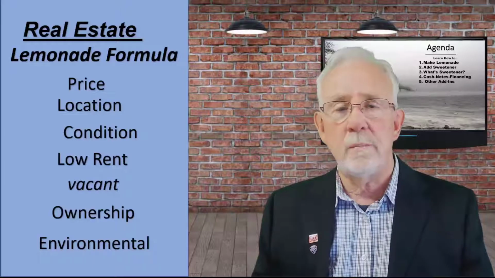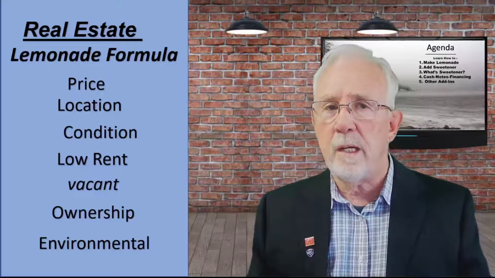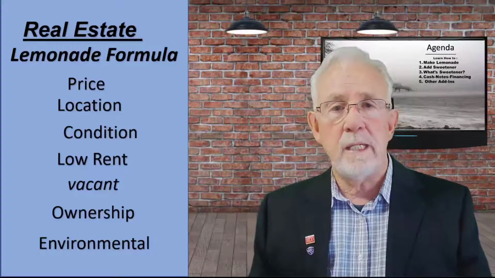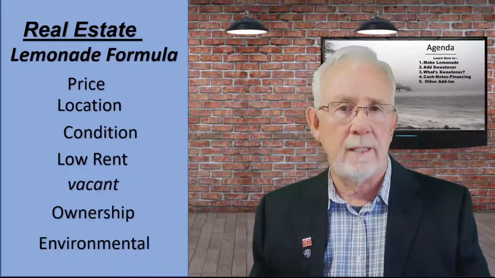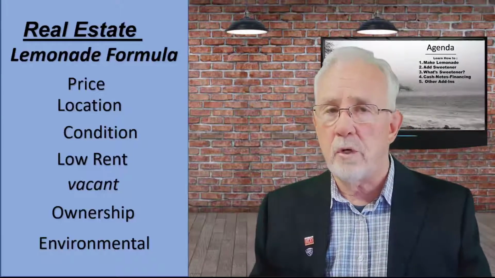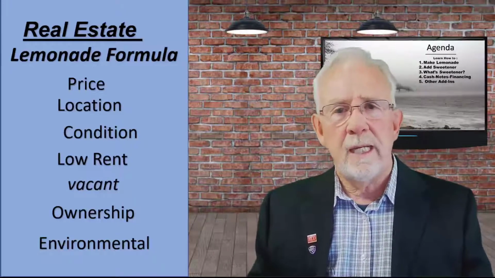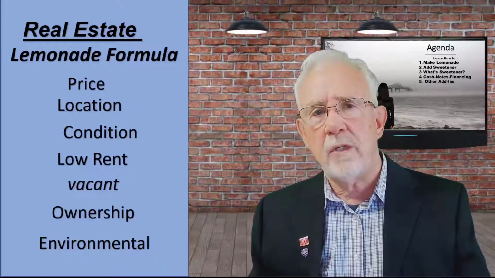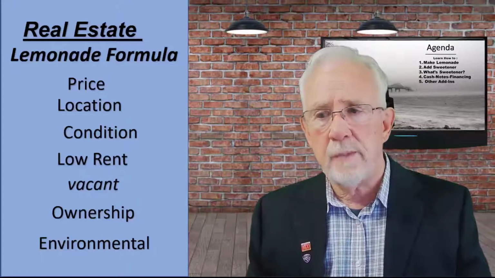And then when you discover the lemon, you know how to add the sweetener. The sweetener could be reduce the price, which is number one on everybody's list. It could be that you do something to improve the location, like rake all the trash out of the yard, clean the property up, trim the trees, paint the building, put in new windows. Even if you've got a substandard location, a nice property will overcome some of that.